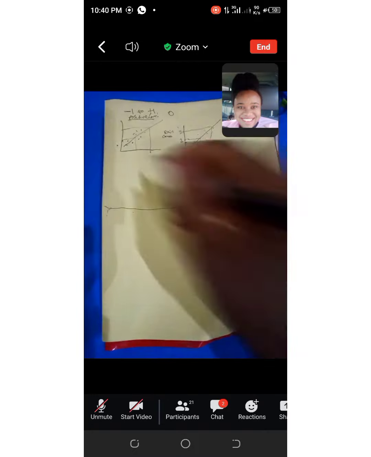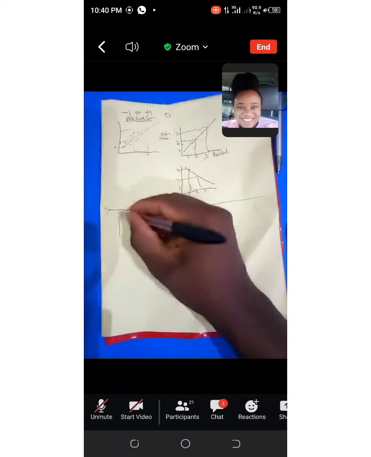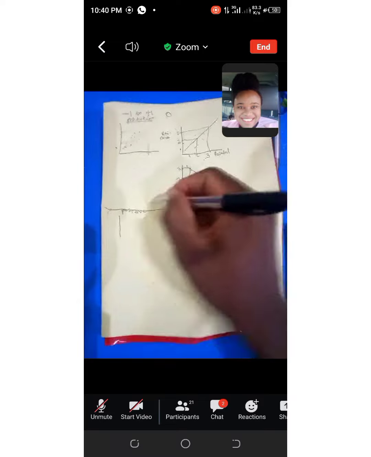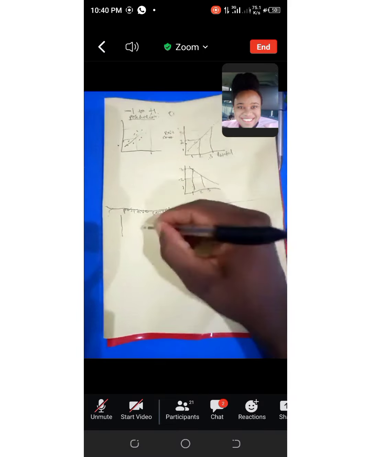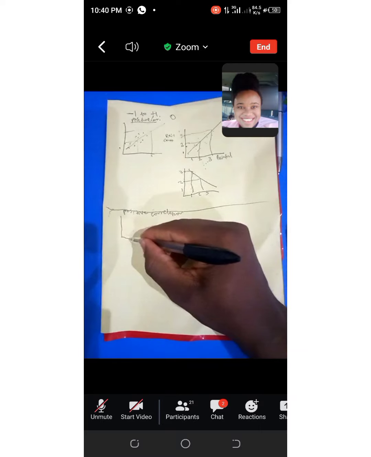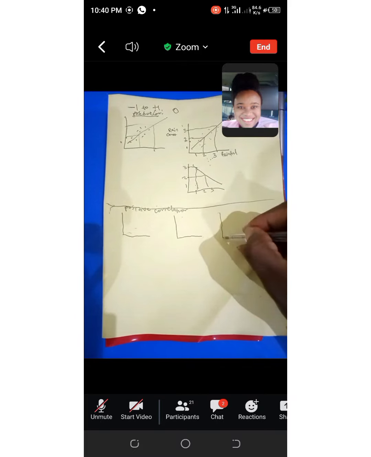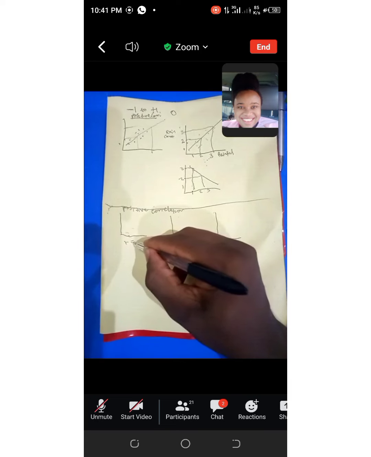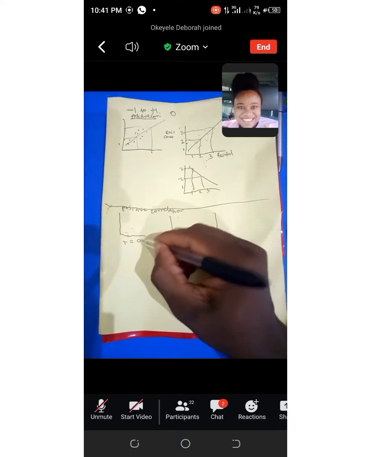So let's say this is for positive correlation. Let's say here R is equal to 0.7.